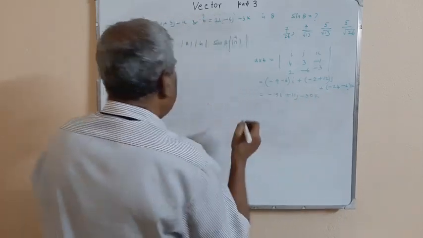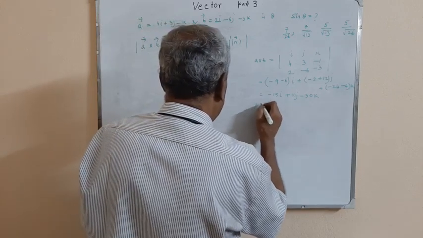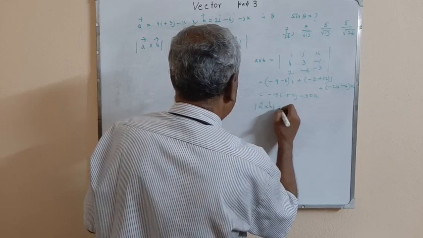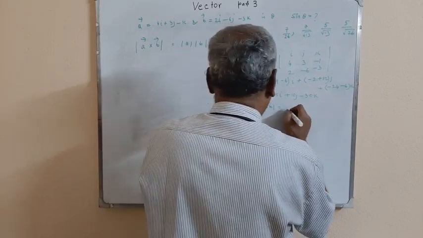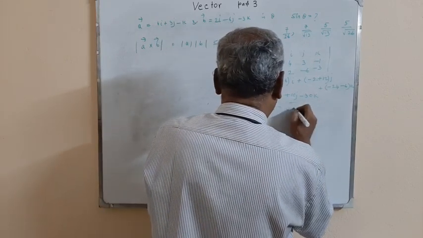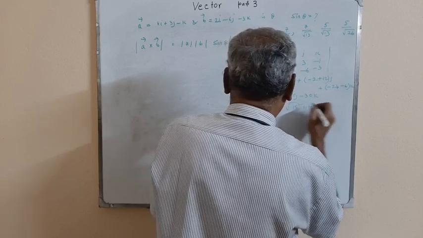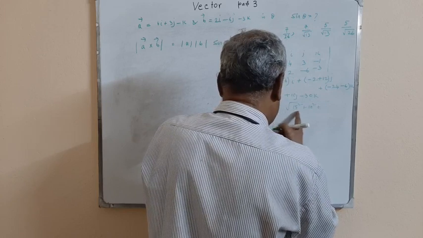So the magnitude of A cross B is equal to root over of 15 square plus 10 square plus minus 15 whole square, that is plus 15 square.